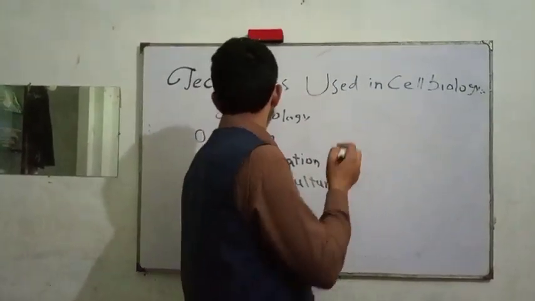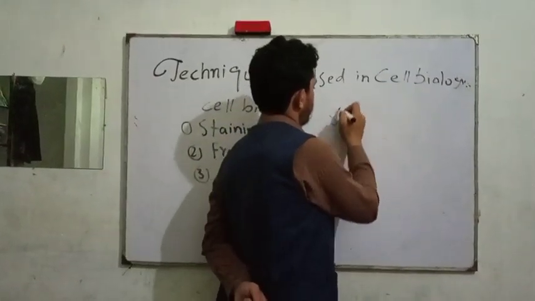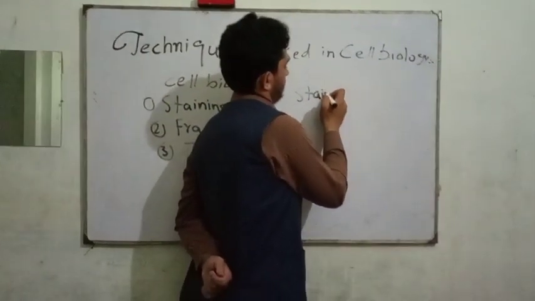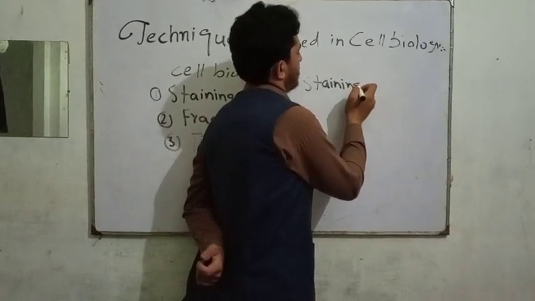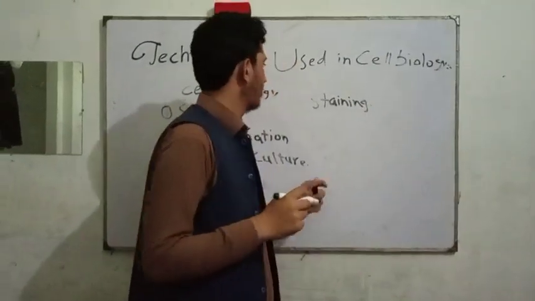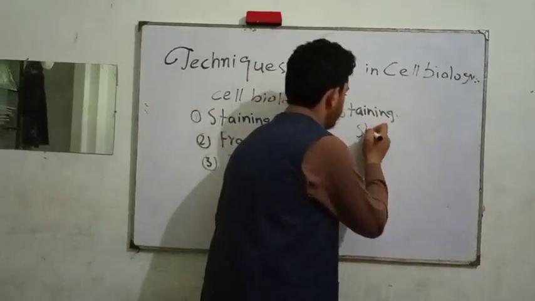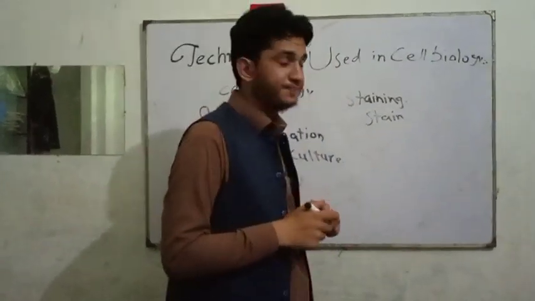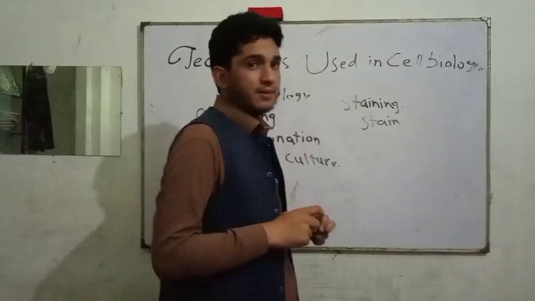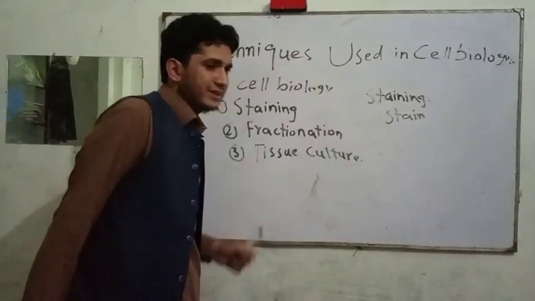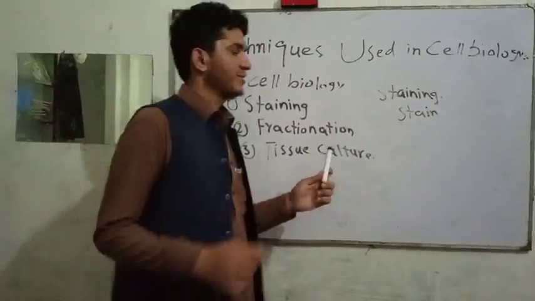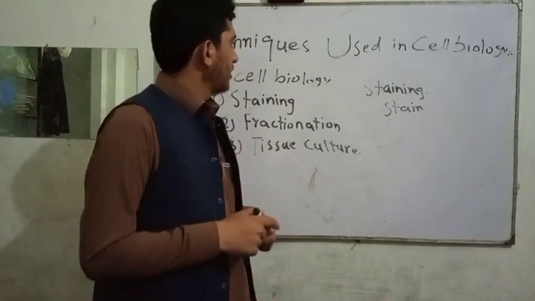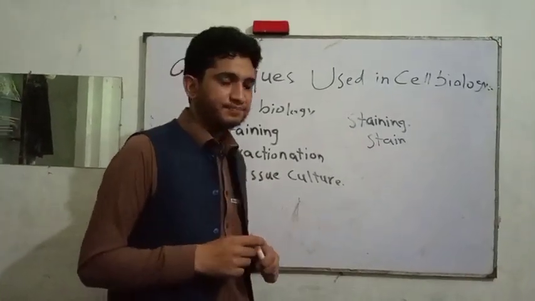As indicated by the name, staining is taken from the word stain, which means color. So it is the process of coloring. When different organelles of the cell are colored, it is called staining.